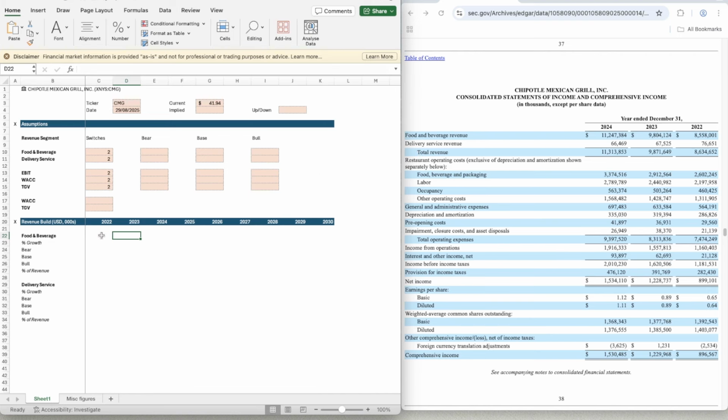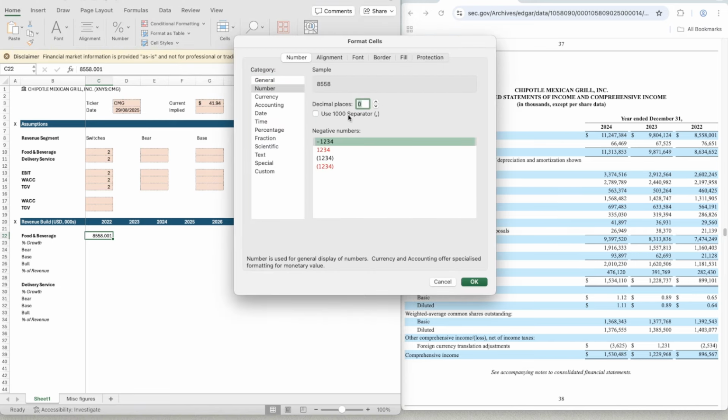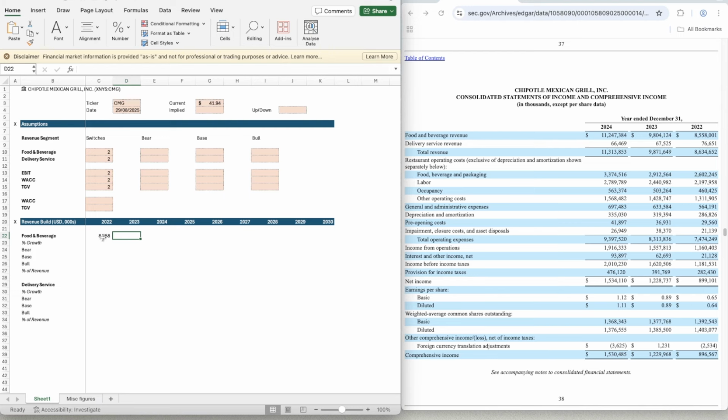So let's start with, okay, 2022, it's 8558.01, and we just need to make this cleaner, and then we can format throughout.